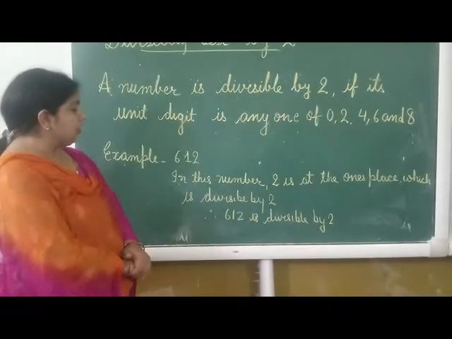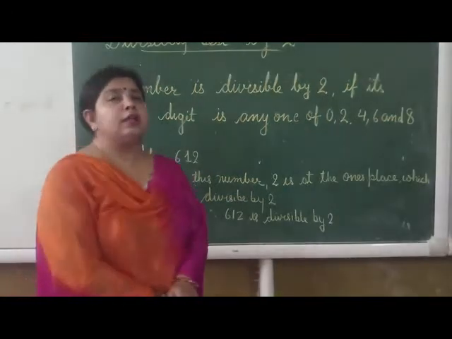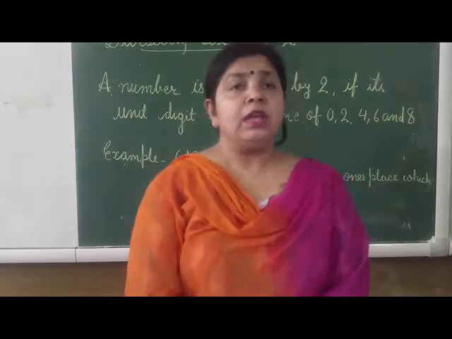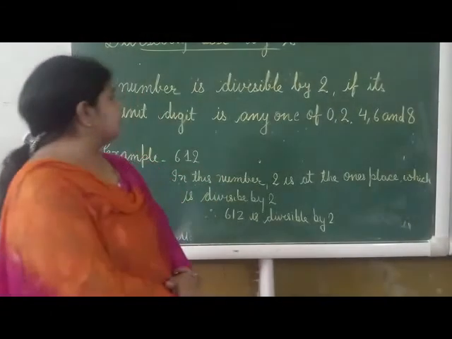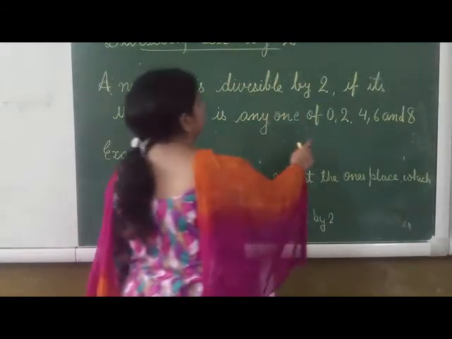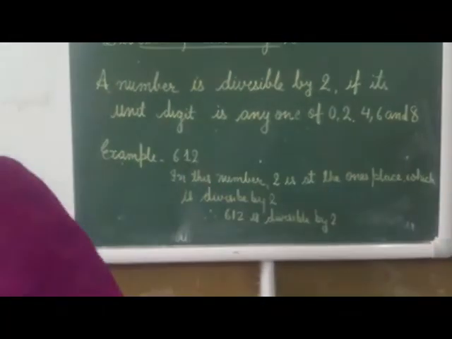So 612 is divisible by 2. So in the divisibility rule of 2, it is necessary that the unit digit is any one of 0, 2, 4, 6 and 8. You can see the next example.